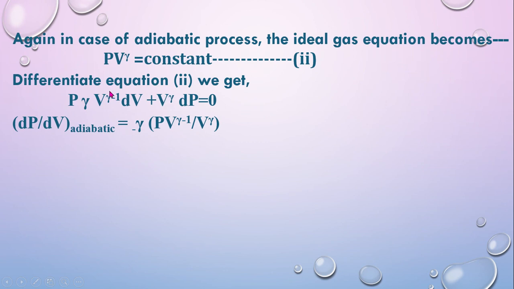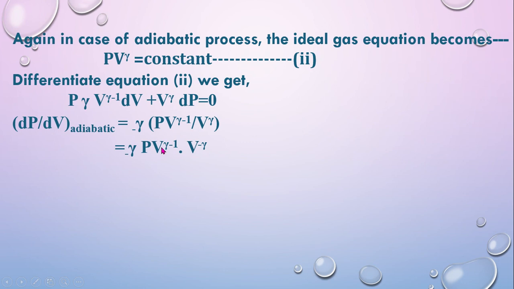Look, if I take this to this side, then it will be minus, isn't it? Then by changing the position, dP/dV for the adiabatic process becomes -γ P V^(γ-1) / V^γ.